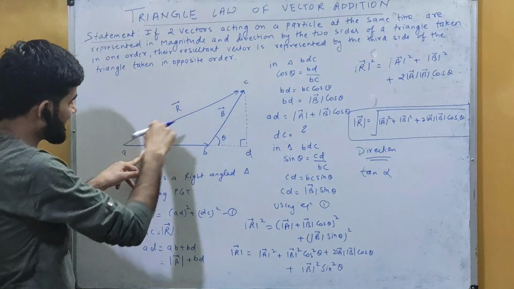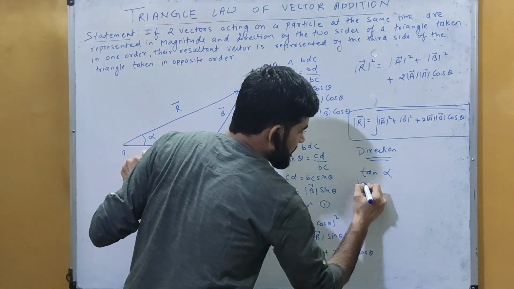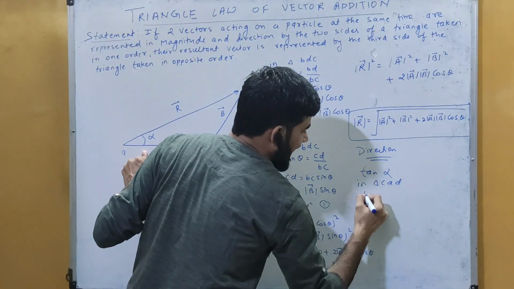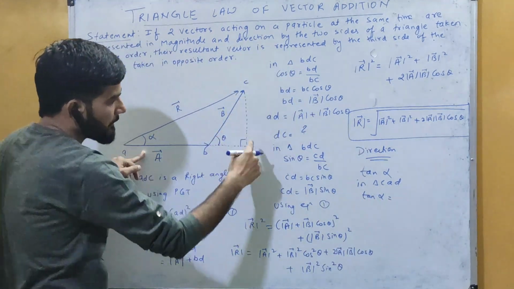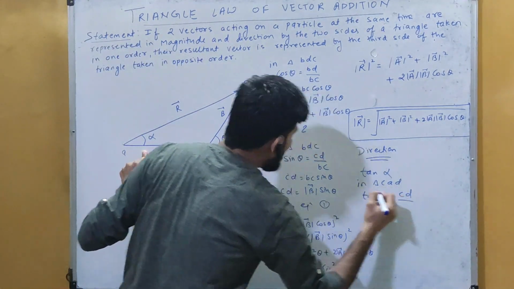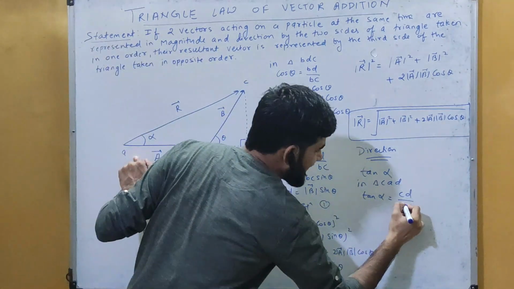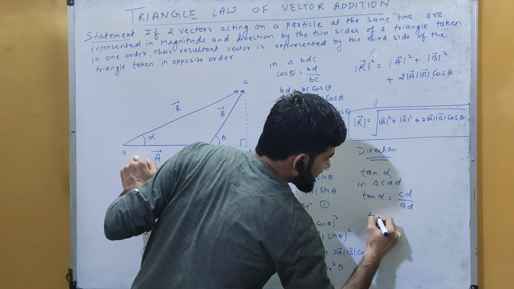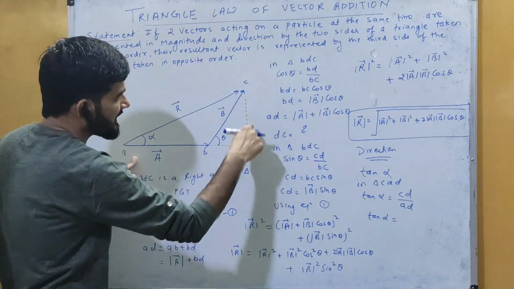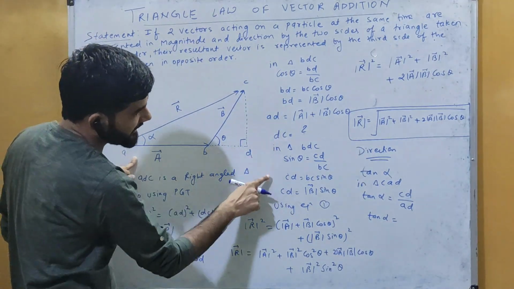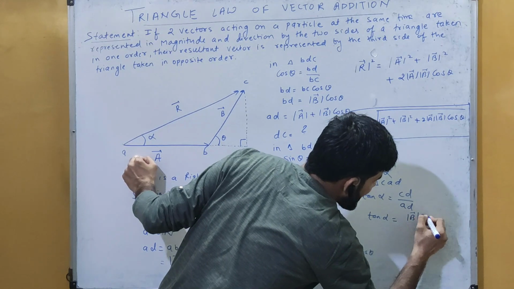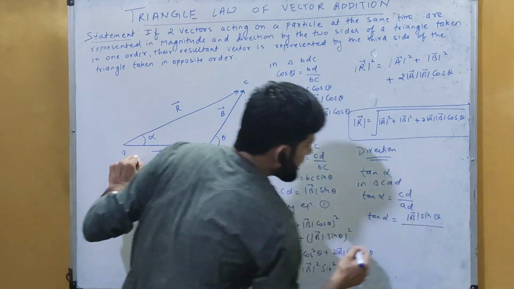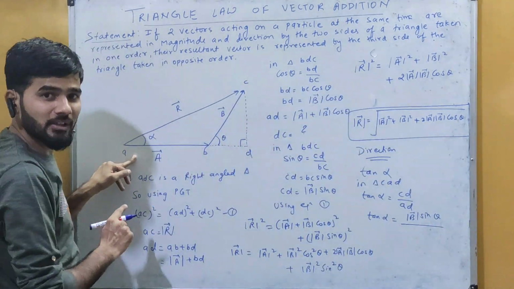Now in this triangle CAD, I can write this tan alpha is equal to perpendicular upon base. What is perpendicular? That is CD, upon base, that is AD. Okay, now this tan alpha is equal to CD. What is CD? CD we have calculated here, that is B sin theta. So I can write it as B sin theta divided by AD. This AD we have calculated.